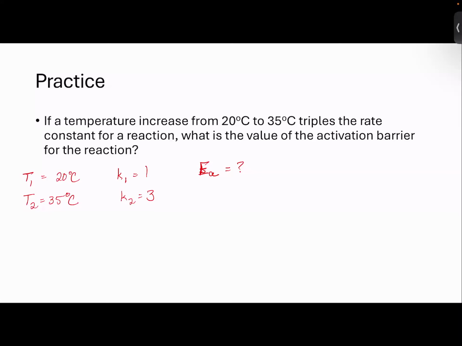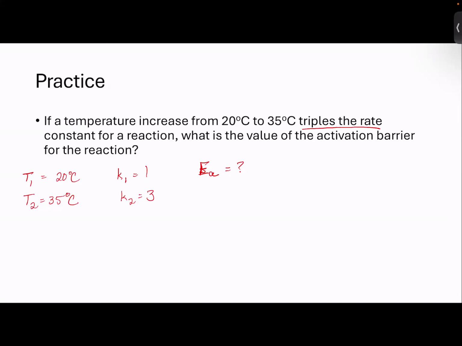So again, one of the tricks to this is thinking about what triple means. If you had a 1 to start with, tripling that would be a 3. So that's the easiest way to do that.